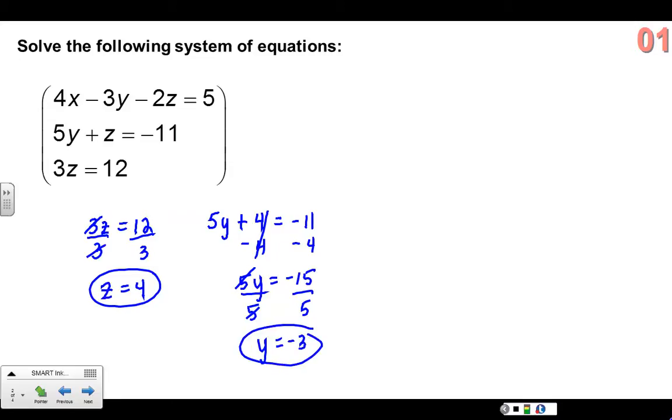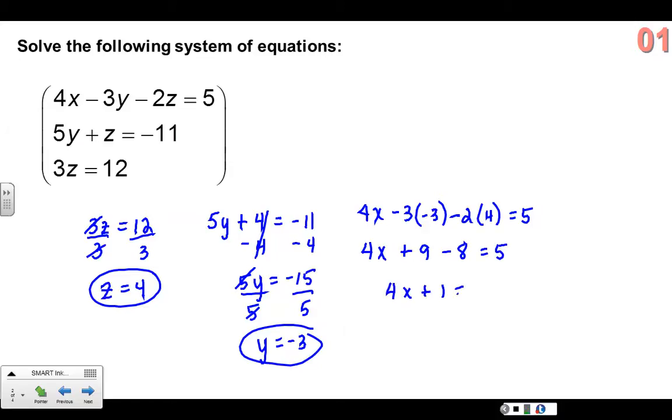And then, since we know y and z now, we can do our first equation to find x. 4x minus 3 times y, which was negative 3, minus 2z equals 5. So 4x plus 9 minus 8 equals 5. 4x plus 1 equals 5.